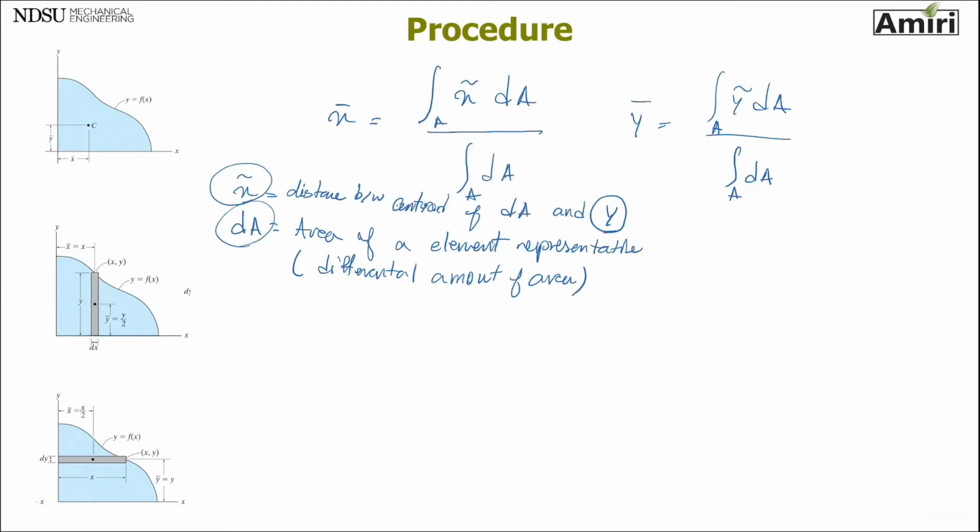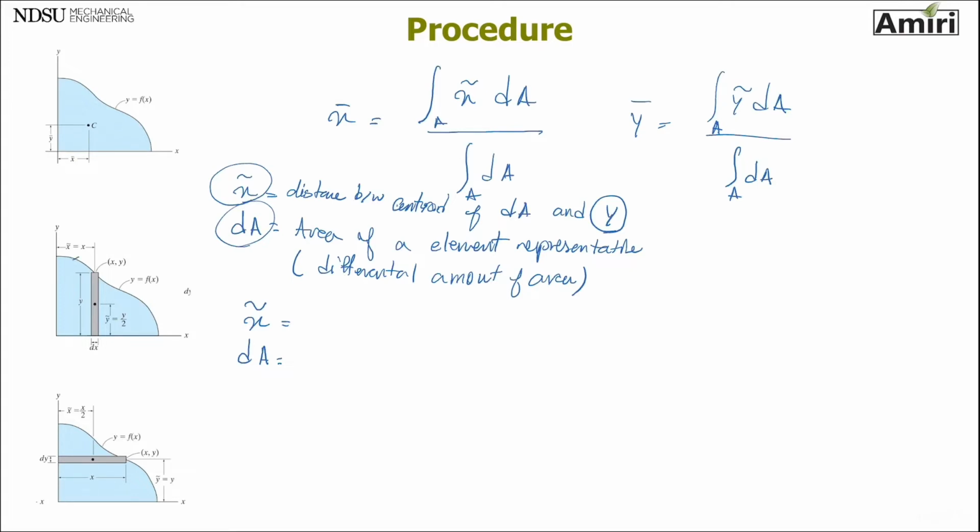bar and y bar. So I have two examples here. For the same area that we discussed, we have drawn a shaded area of element, or differential amount of area. So for this one, I need to find x tilde and dA. So let's see, x tilde is the distance between centroid and y-axis.